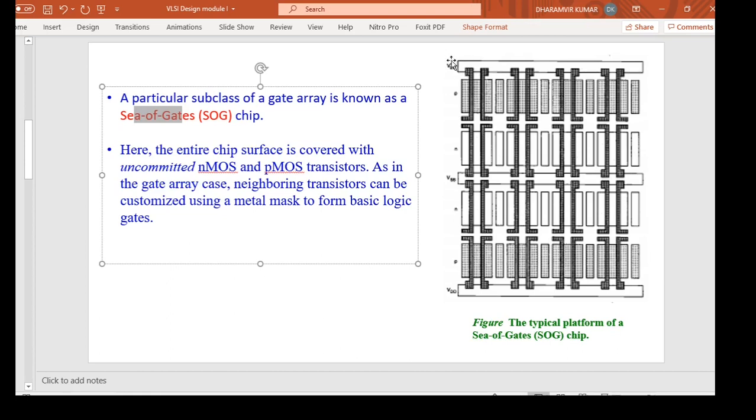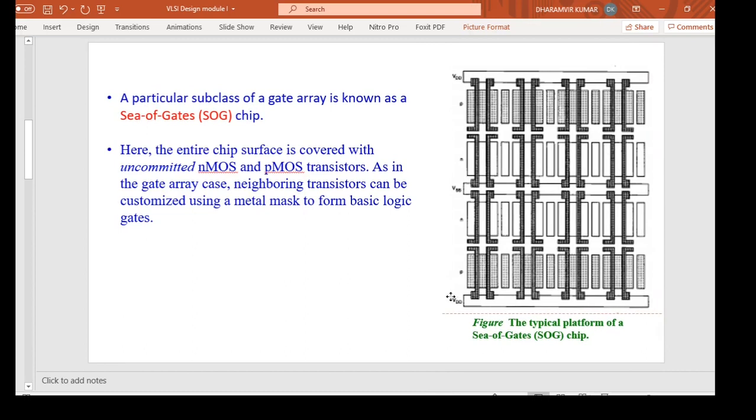And this is the top VDD, the power supply rail, and this is again the VDD power supply rail, and this one is VSS, the ground rail. Okay, so this grayish portion is for the PMOS area, and this white rectangle area represents the NMOS area.